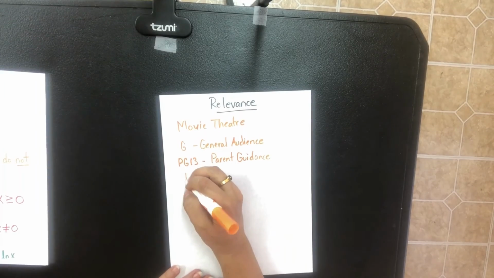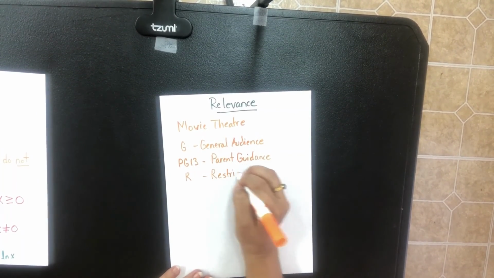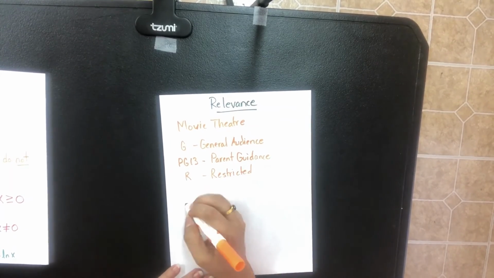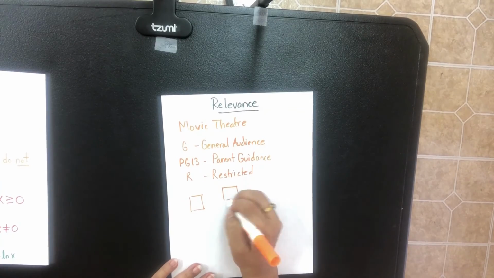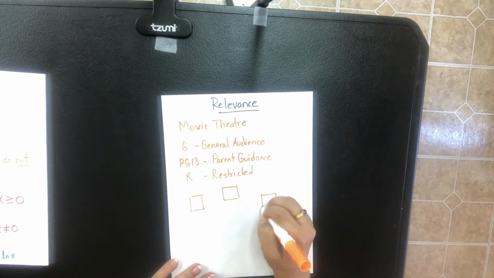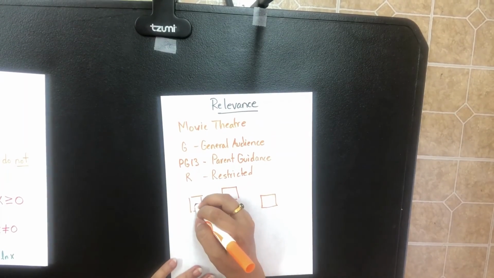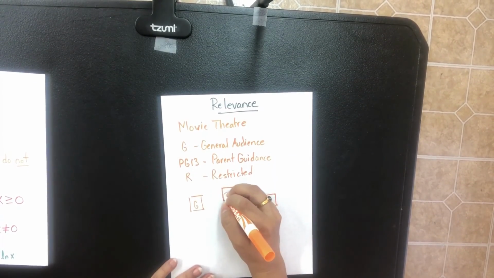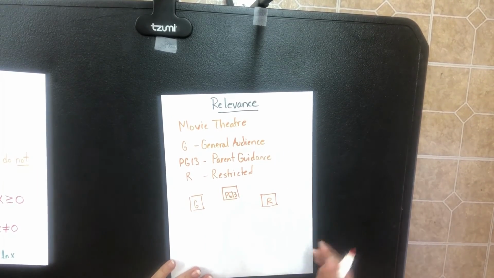And restricted, R. So there might be a theater here, a theater here, showing some movie, and a theater here. And for example, this one may be general audience, this one PG-13. I know there's others, but I'm just using this as an example.